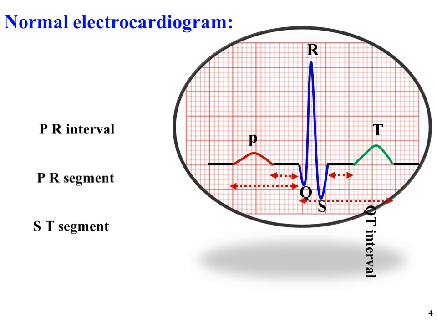And the fourth is the QT interval, from the beginning of Q to the end of T. So we have the PR segment, PR interval, ST segment and QT interval.